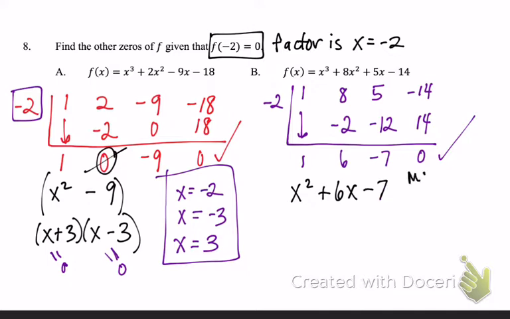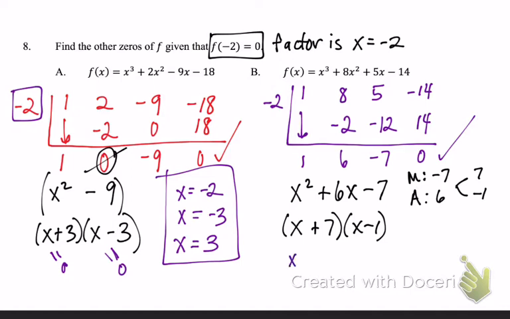I need two numbers that multiply to get negative 7 and add to get a positive 6. That would be a positive 7, negative 1, x plus 7, x minus 1. Set each one equal to 0. So x equals negative 7, x equals 1, and x equals negative 2, because we can't forget about the original.